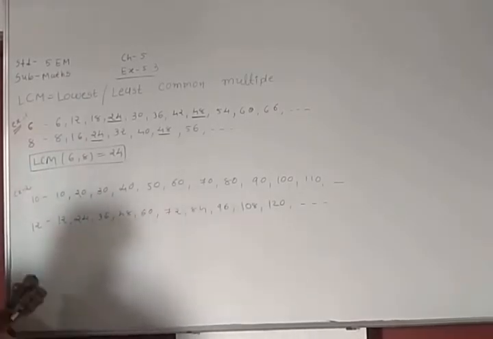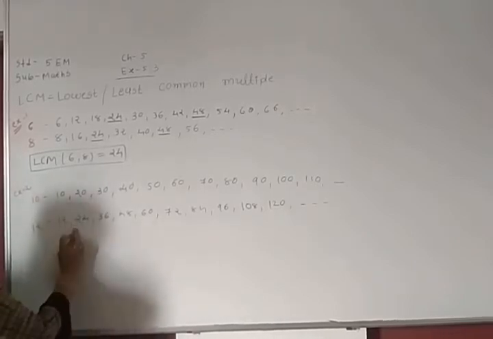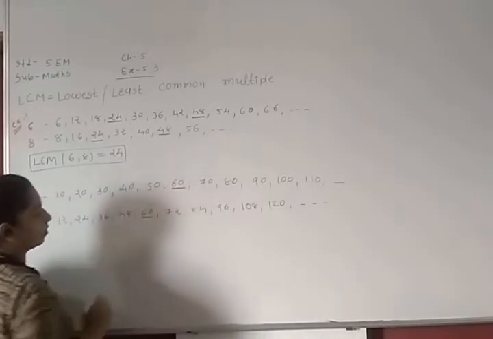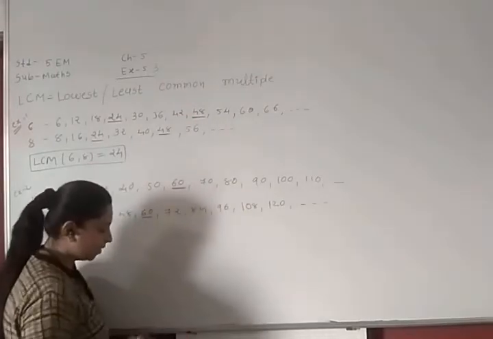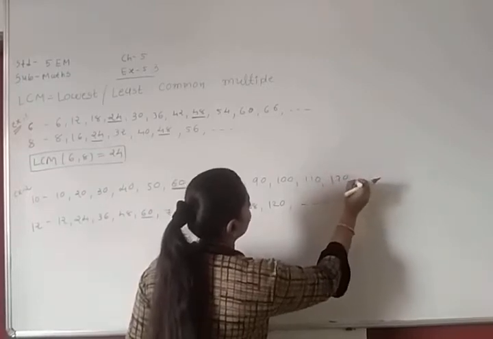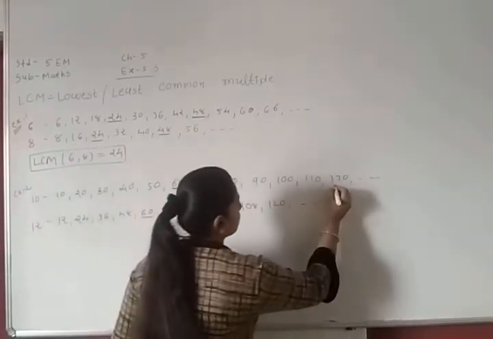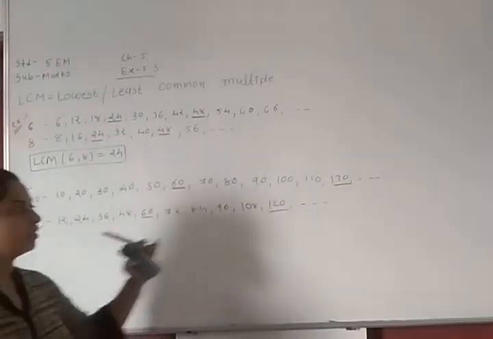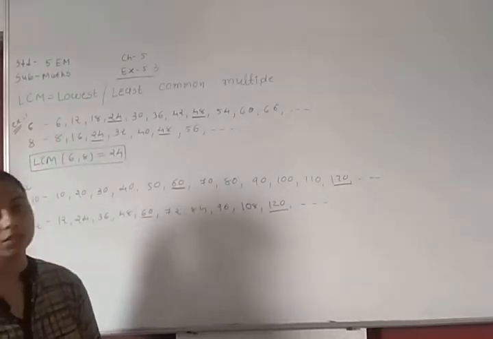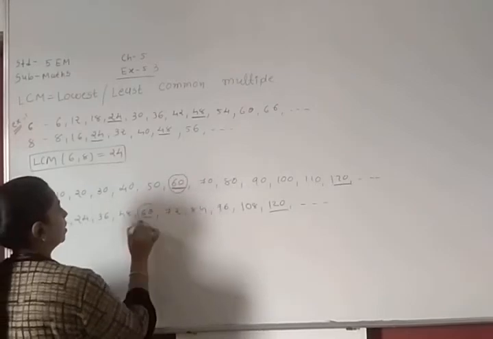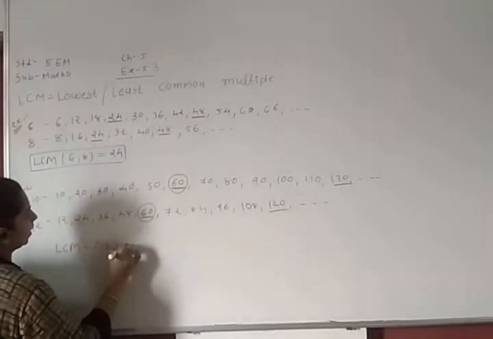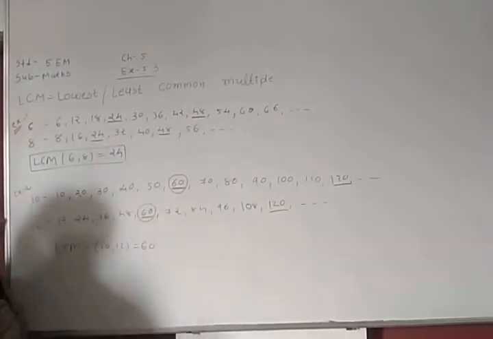So if you see, 10 not common, 20 આમાં નથી આવતું, 30 is also not here, 40, 50. See this, 60 is common. After 60, which multiple will come which is common? So અહીંયા 110 પછી આવશે 120. So 120 is common, right? હજી આગળ જશો એટલે ઘણા બધા મળશે. અને કયો મળી ગયો આપણને, 60. So what is the answer of this? LCM of 10 and 12 is equal to 60.